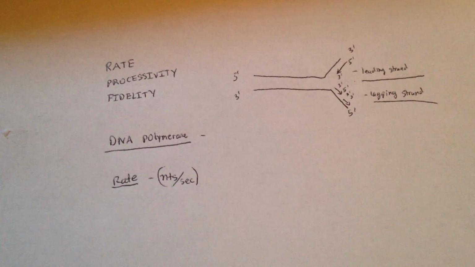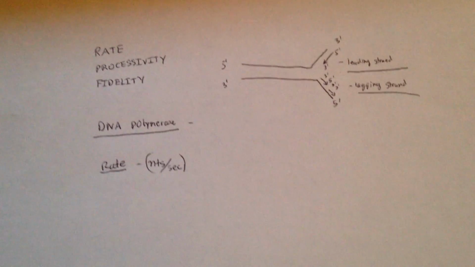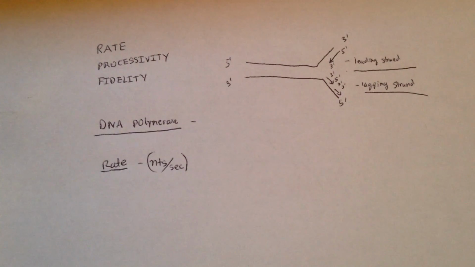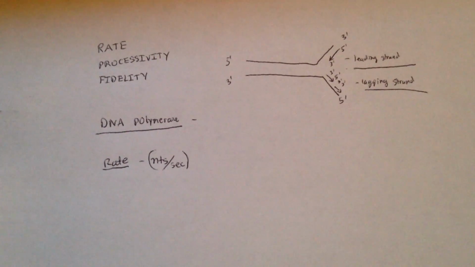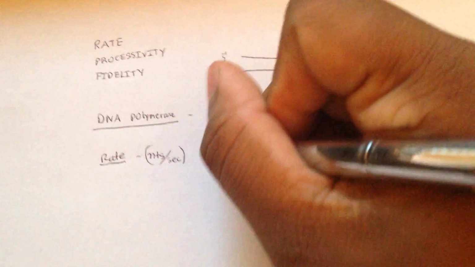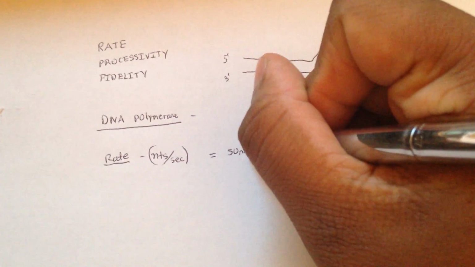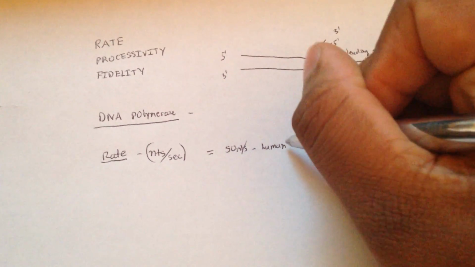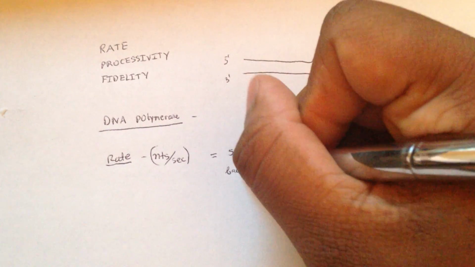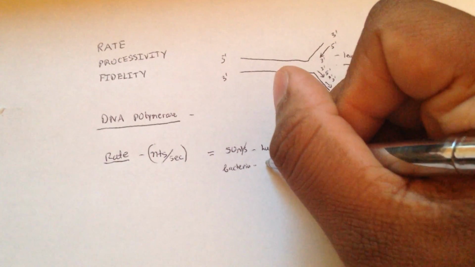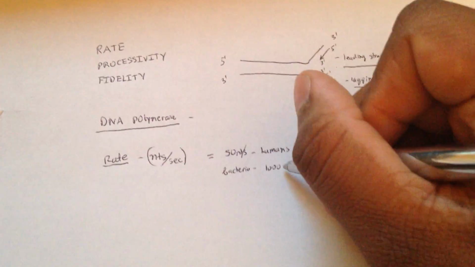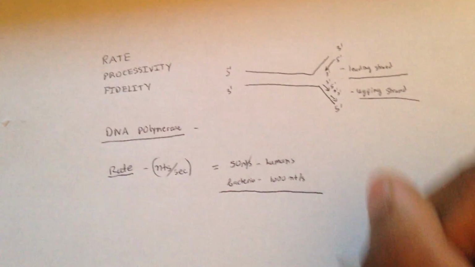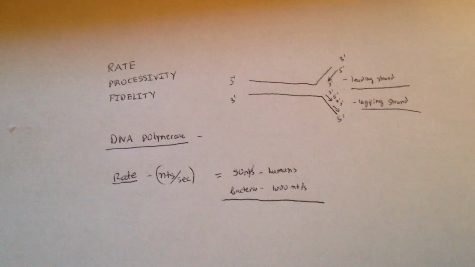For a human eukaryotic cell, the DNA rate might be somewhere in the region of 50 nucleotides per second. In bacteria, however, they have been shown to go as high and maybe even higher, 1,000 nucleotides a second, a whopping 20 times faster than humans.